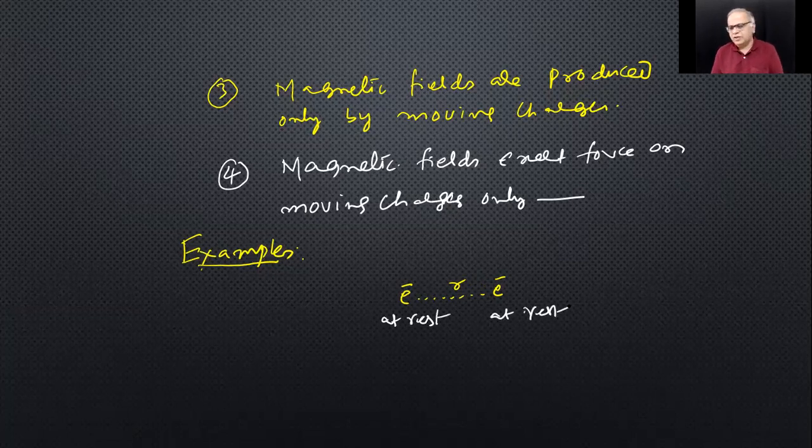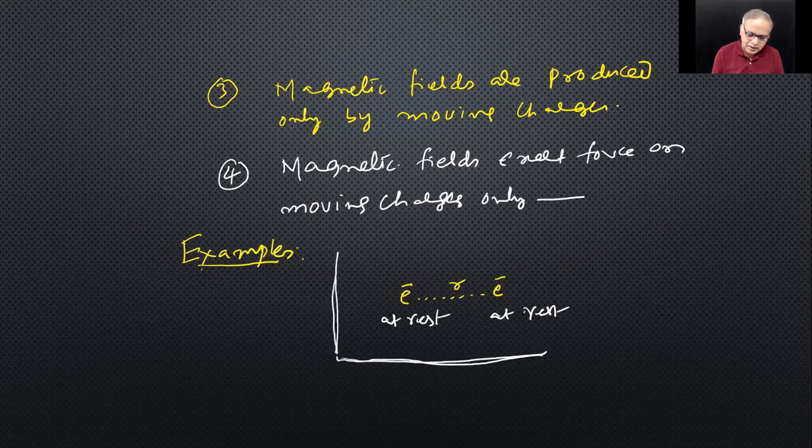But who is saying at rest? Because, as I've been telling you all the time, rest and motion are not absolute. They have a meaning only in a particular reference frame. So I could put one reference frame like this, a coordinate system fixed to a lab, for example, and you think yourself to be standing at the origin of this coordinate system.